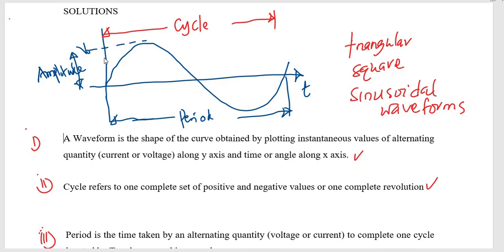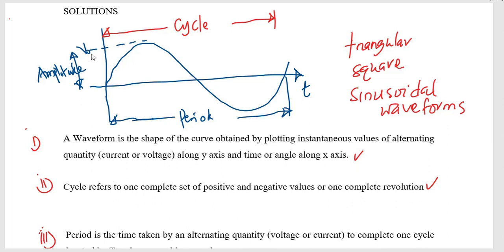So if we plot voltage against time, in the first half cycle we have the maximum, and in the next half cycle we have the minimum. This maximum value is the amplitude of the sinusoidal waveform.